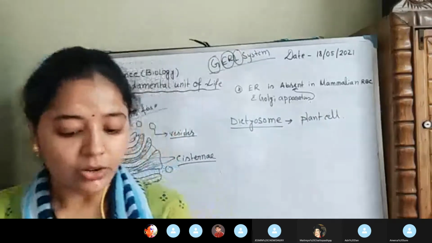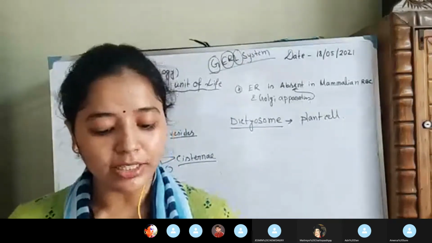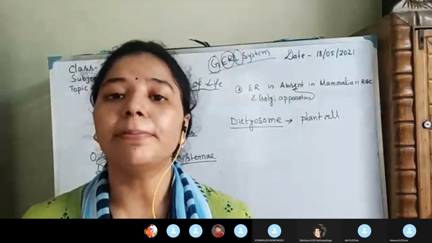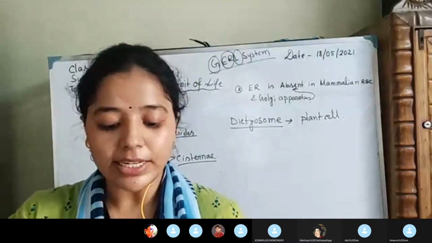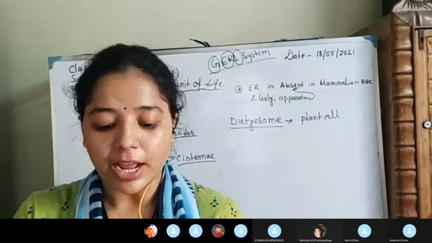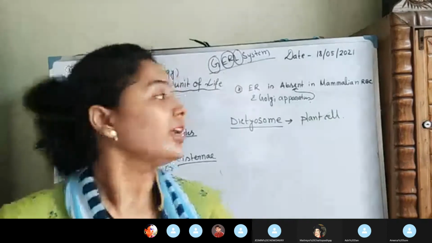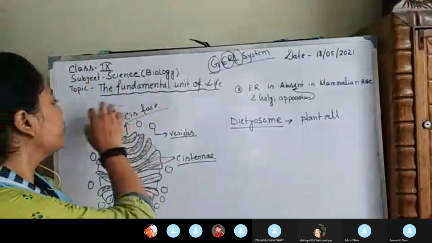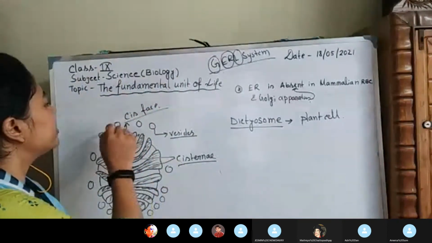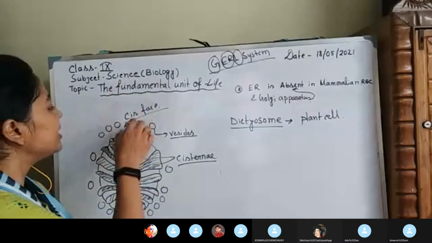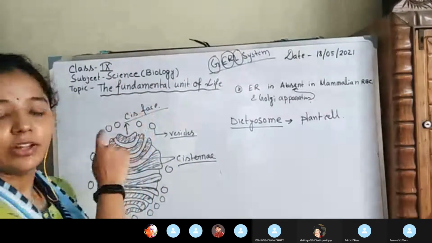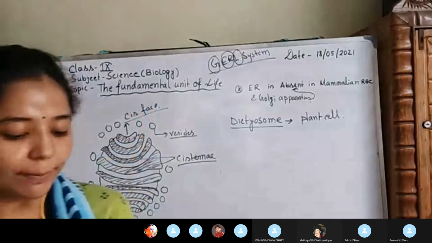Now, I have told you that the Golgi apparatus receives vesicles from the endoplasmic reticulum and other cell components in its cis face. So such vesicles come from the endoplasmic reticulum, and they are received by the cis face.